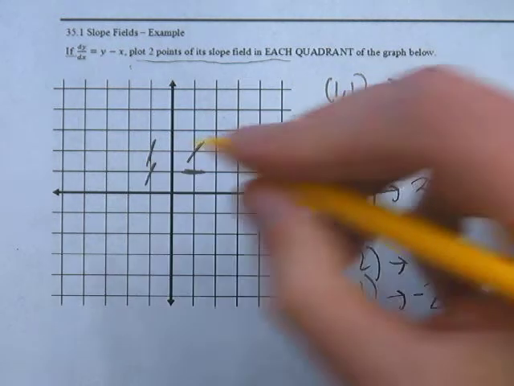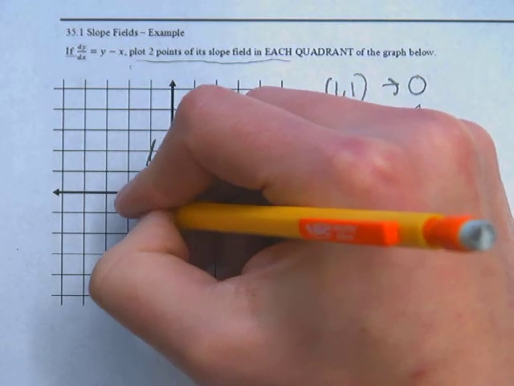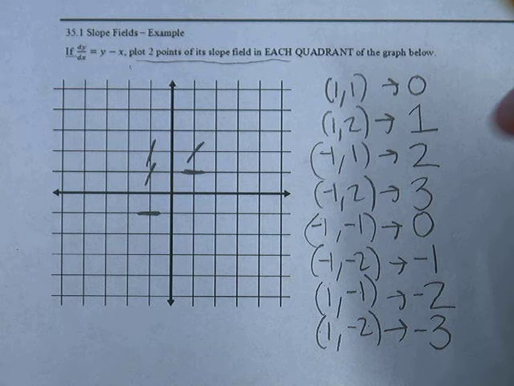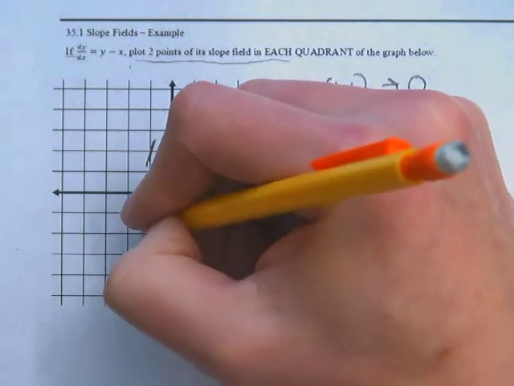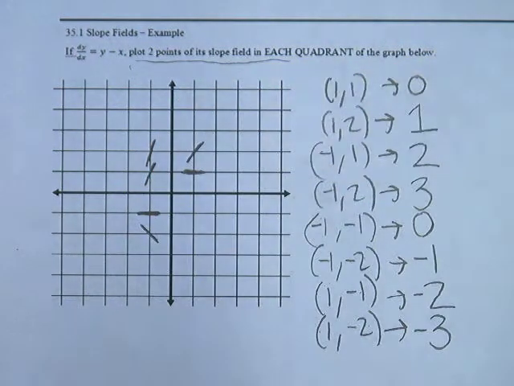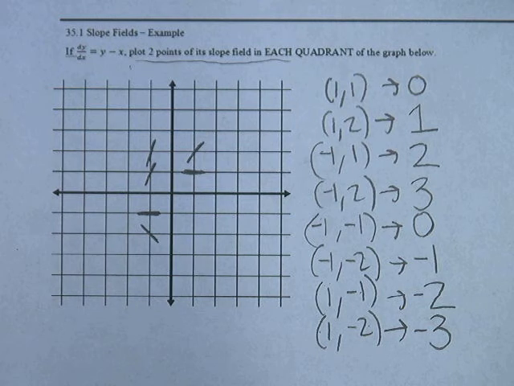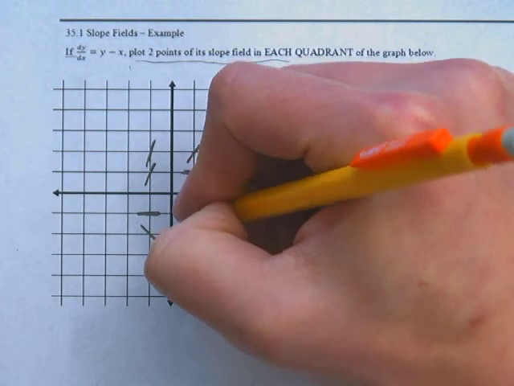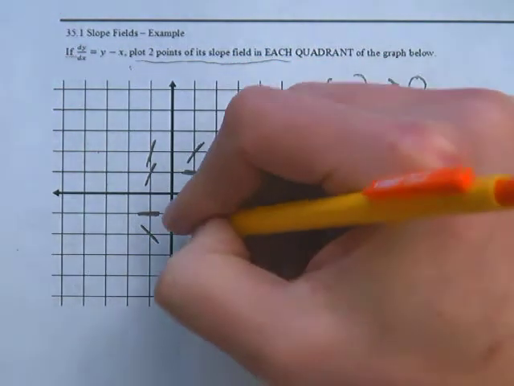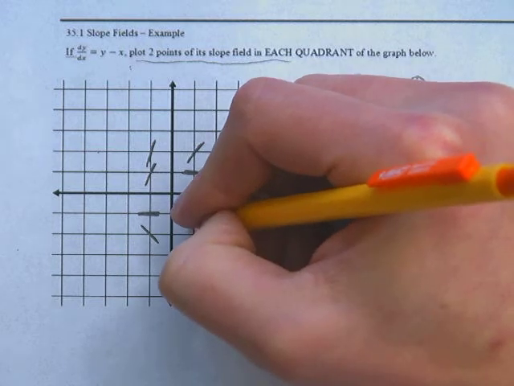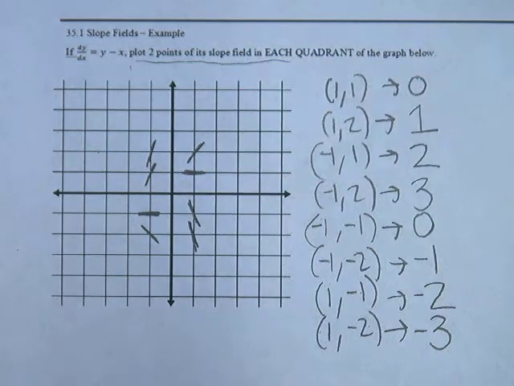At (-1, -1), I put a 0 slope. At (-1, -2), I put a -1 slope. At (1, -1), I put a -2 slope. And a -3 slope at (1, -2). And there it is. I get 100% credit for that.